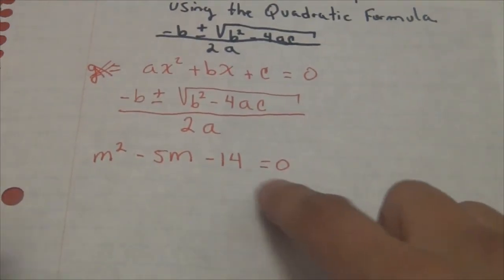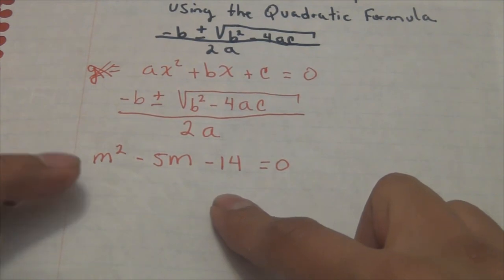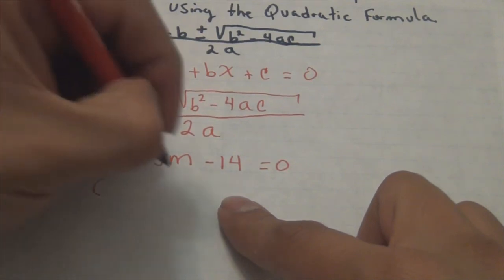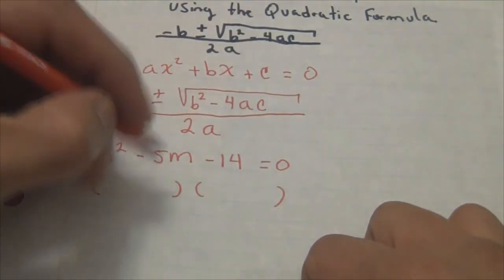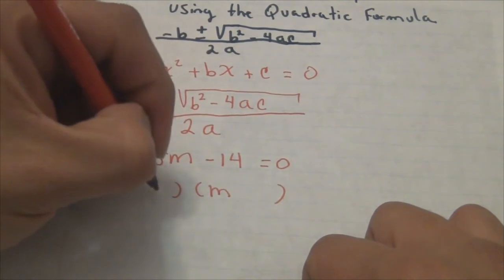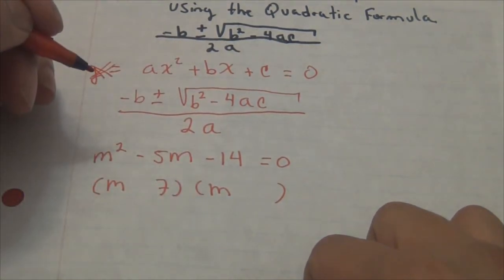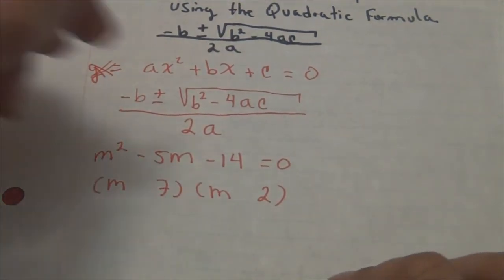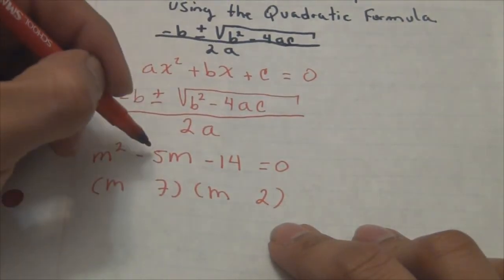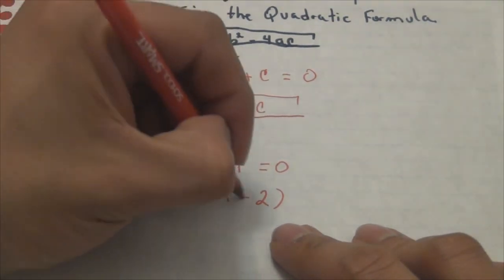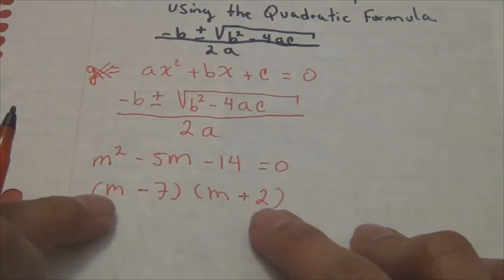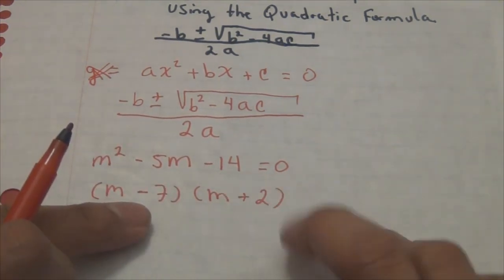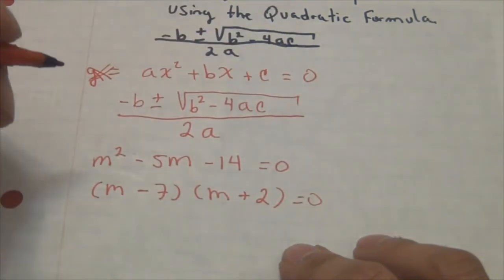It is already set equal to 0, so all I have to do is factor. There is no greatest common factor, so I open the parentheses with factors 7 and 2. When I do the smiley face to get the middle term, I notice that 7 has to be negative and 2 has to be positive, in order to get 2m minus 7m equaling negative 5m. And negative 7 times 2 is negative 14. And this equals 0.